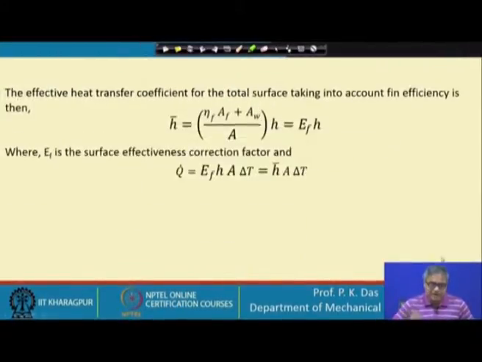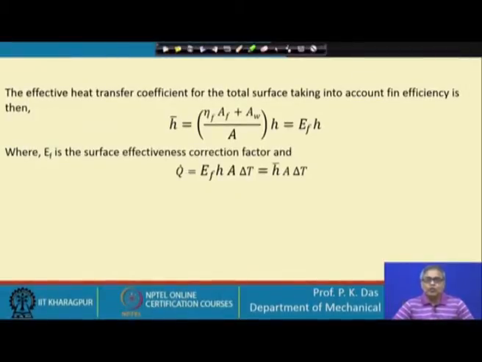So, let us go to the next slide. The effective heat transfer coefficient for the total surface taking into account the fin efficiency is then H bar, that is equal to eta F A F plus A divided by A into H, or some factor E F into H. Whenever a fin is there, we are getting more surface area for heat transfer, but unfortunately the temperature difference for heat transfer varies along the length of the fin, along the surface.